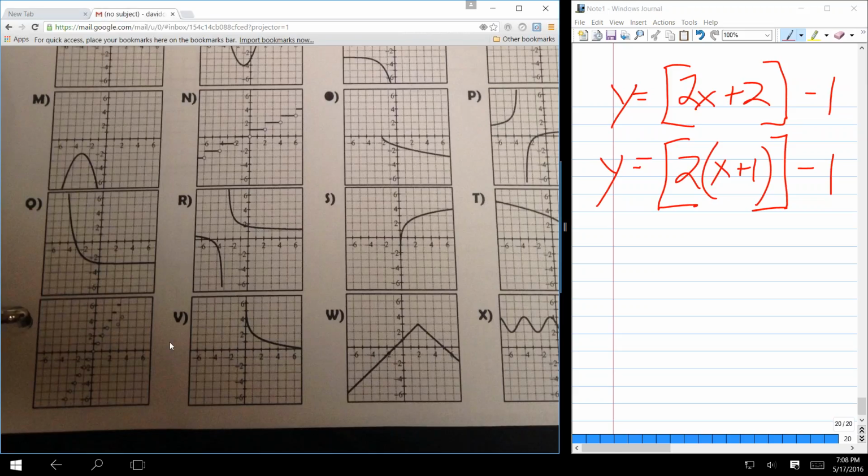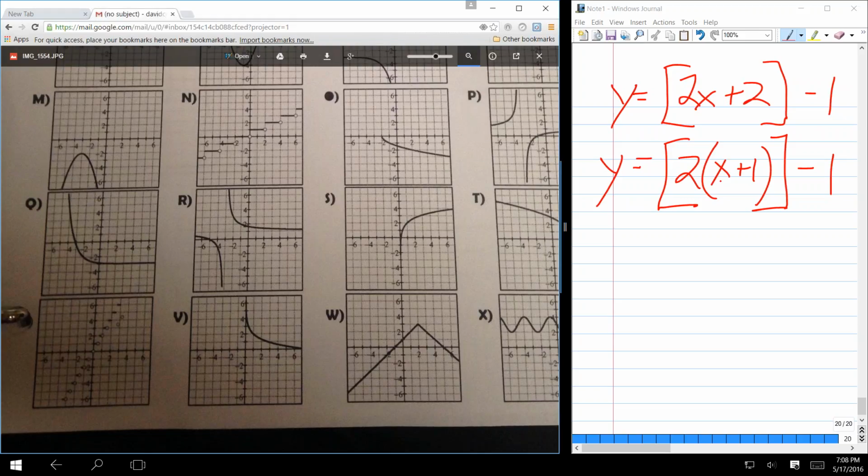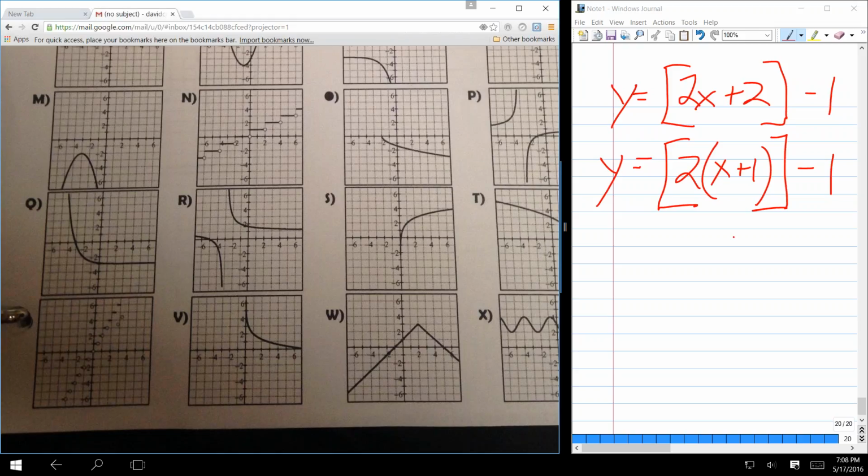Plug in a point, make sure. And you don't have to pick 0, but it's usually the easiest math, an x of 0. So what do you get when you plug in x of 0, Dawson?